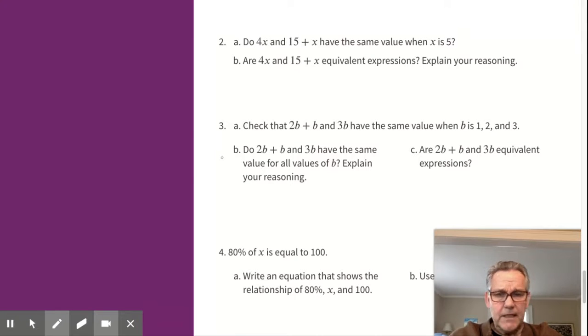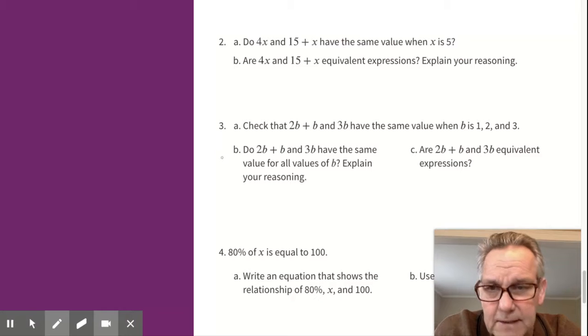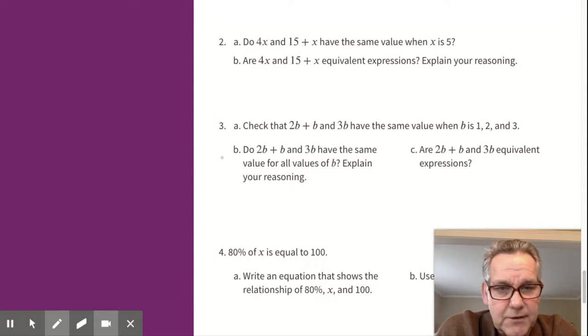If you find a mistake, I've noticed I've made several mistakes, one in this lesson, as a matter of fact. So if you find a mistake that Mr. Morgan makes, please bring it to my attention, and we'll make sure we get that fixed up. And then once you've completed the lesson, completed the 3 practice problems, and checked them, please complete the exit slip and send that in to me.